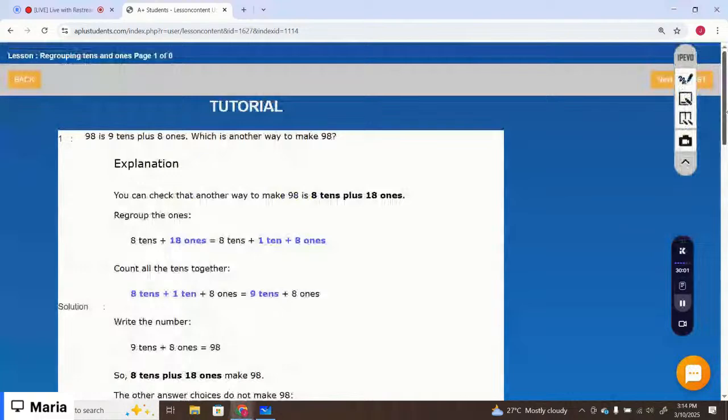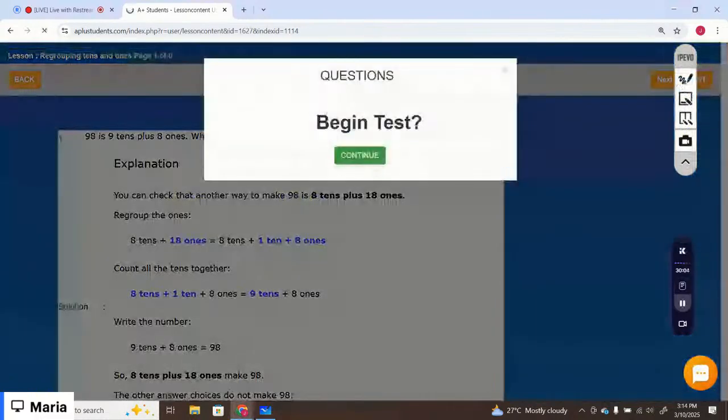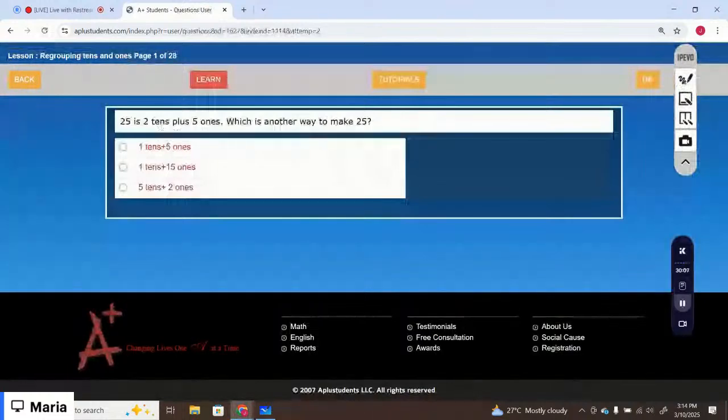Let's just start with the test questions. 25 is 2 tens plus 5 ones, which is another way to make 25. 2 tens and 5 ones.